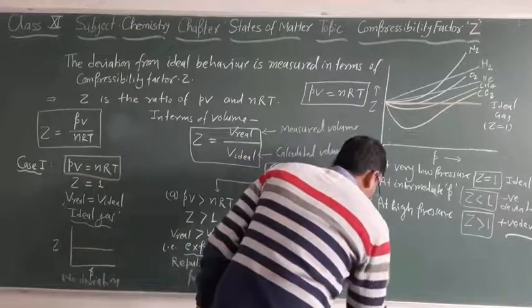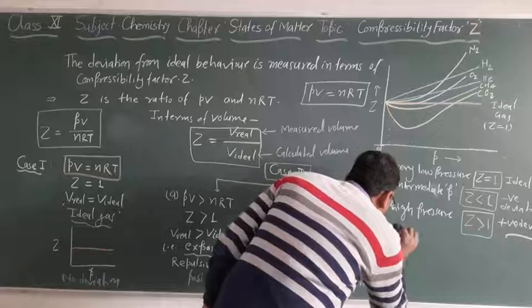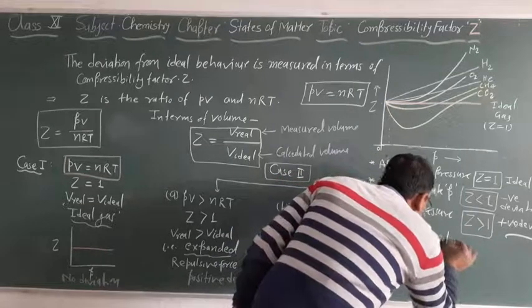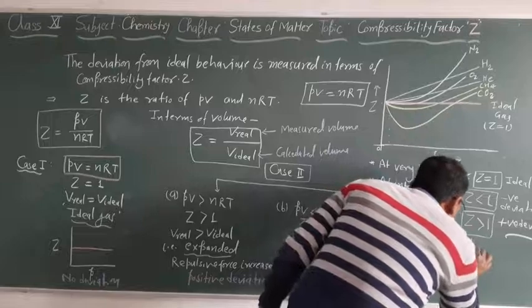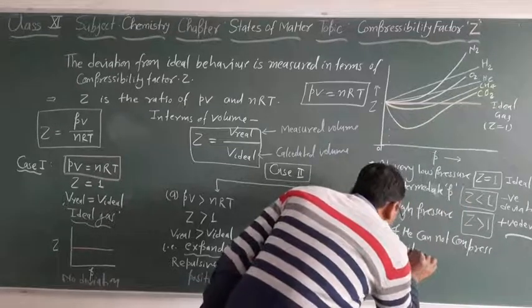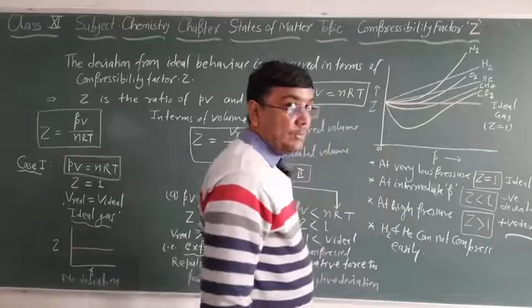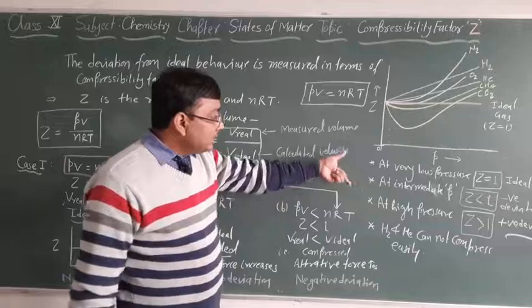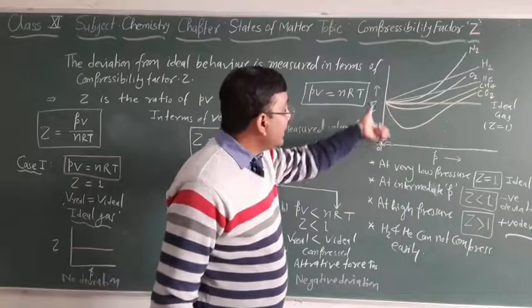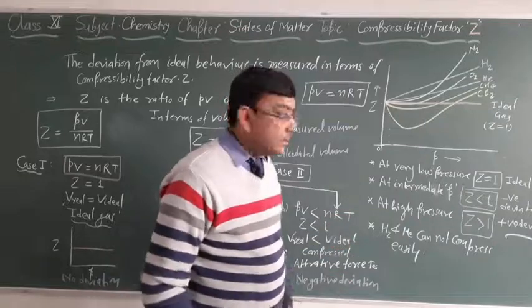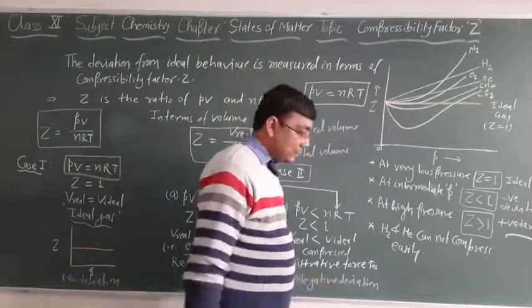So we can write here hydrogen and helium cannot be compressed easily. These are the conclusions on the basis of this graph. Clear? So you have to note it down.